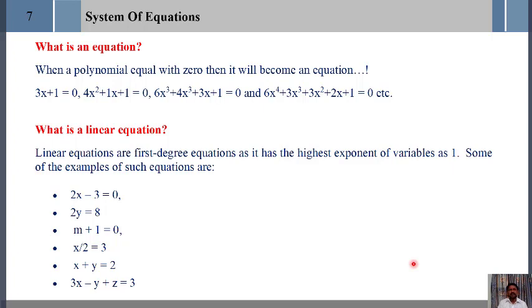Next, what is an equation? When a polynomial is equal to 0, then that becomes an equation. When a polynomial equals 0, then the term is called an equation.